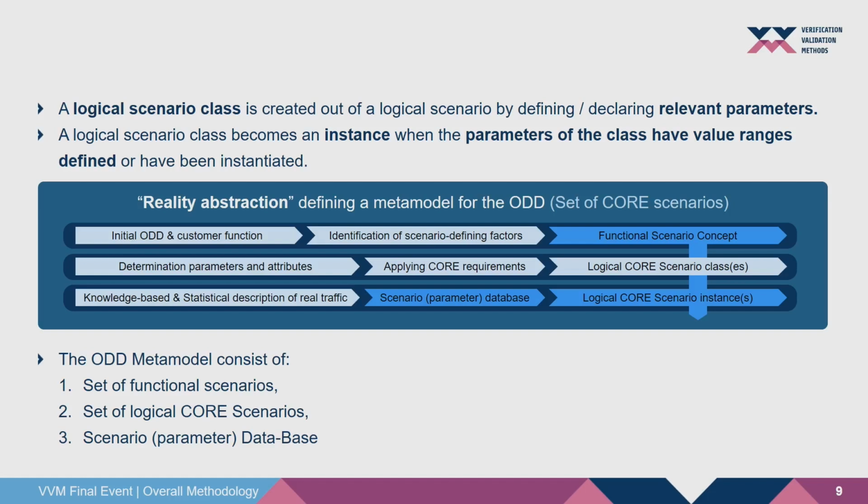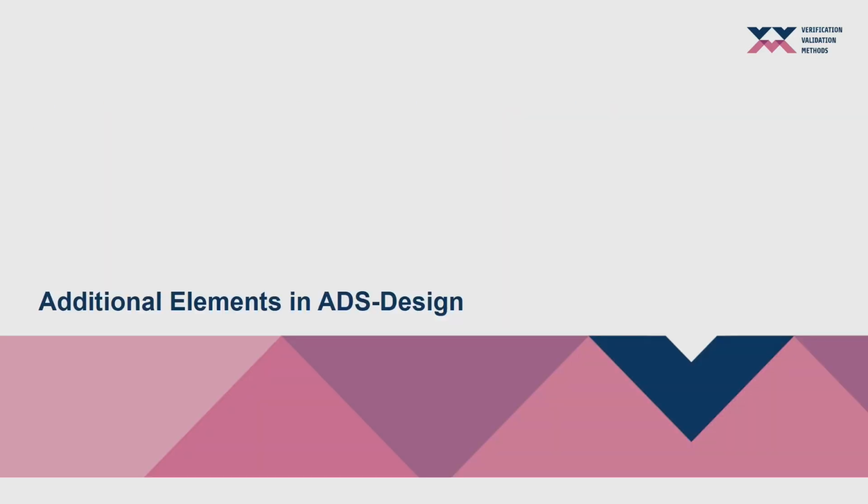With knowledge and measurements of real data, we enforce a scenario database, or let's say a scenario parameter database, to measure in real measurements the distribution of concrete parameters in this context to have them in our process, to align it in the design or to use it in simulation to identify critical areas or, let's say, normal driving areas.